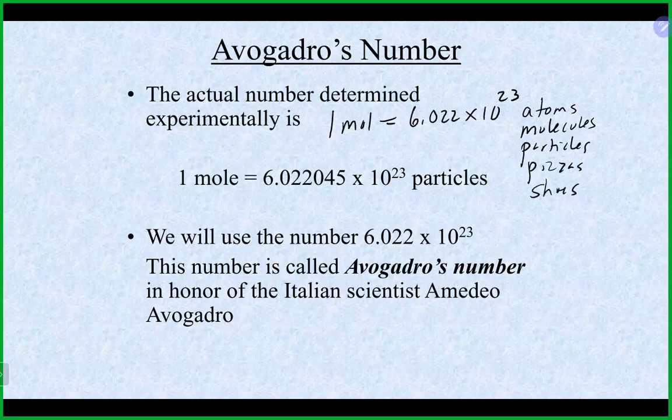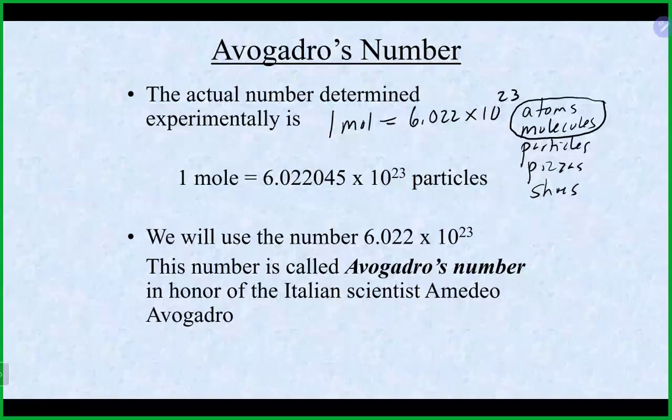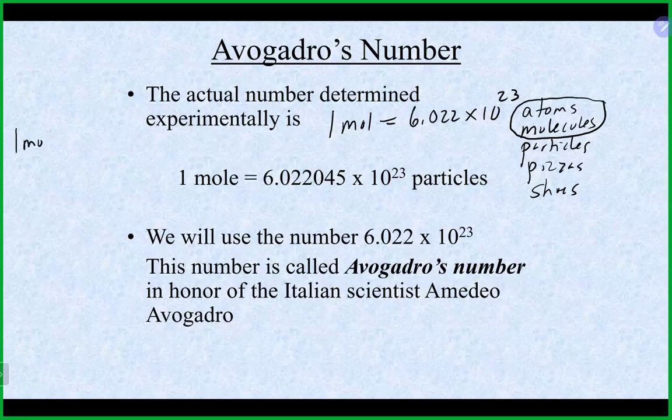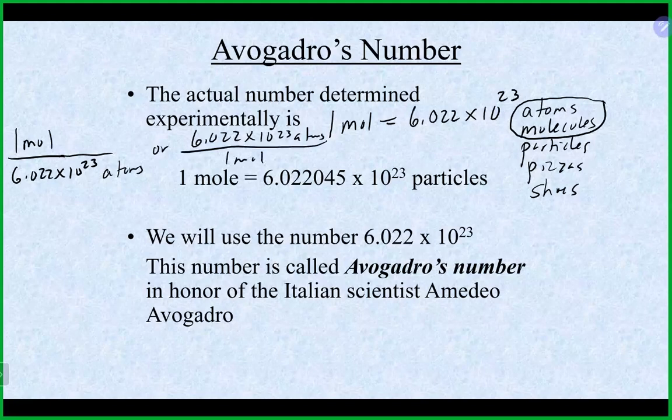I would say most of the time, these are the two units you're going to see: atoms and molecules. And this is really a conversion factor, and you can write it as one. You can say 1 mole of something has 6.022 times 10 to the 23 atoms. Or you could flip it around: 6.022 times 10 to the 23 atoms has 1 mole.